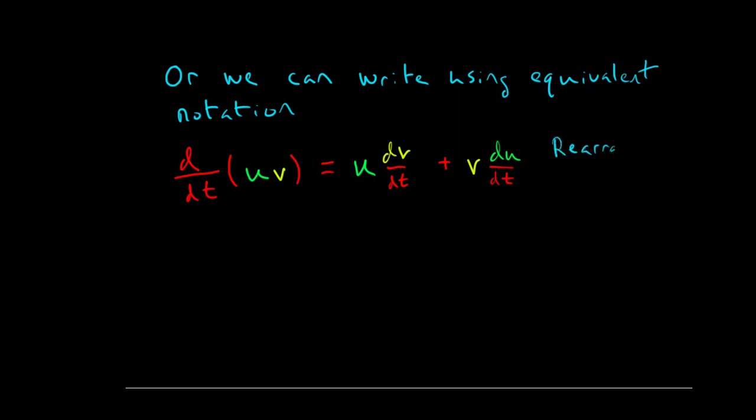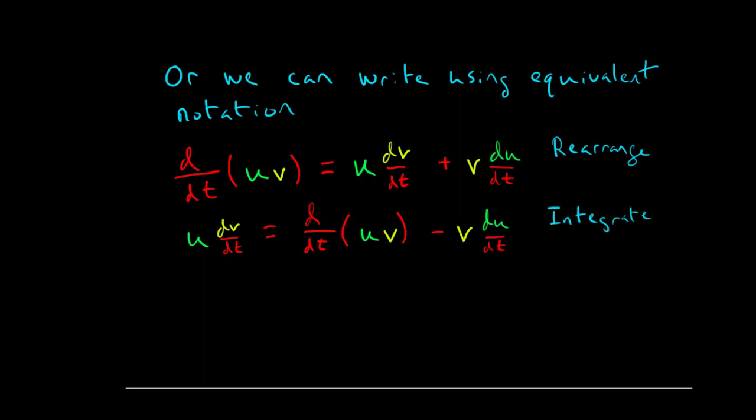Now, how does that give us integration by parts? Well, first we're going to rearrange this equation. I'm going to get u dv/dt equals d/dt of u times v, the derivative of that product, u times v, with respect to t, minus v du/dt. Again, I'm not doing anything fancy here, guys. I'm just rearranging things. And now I'm going to integrate both sides of this equation with respect to t, of course.